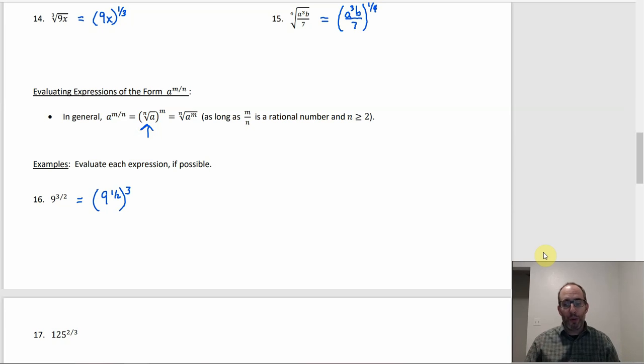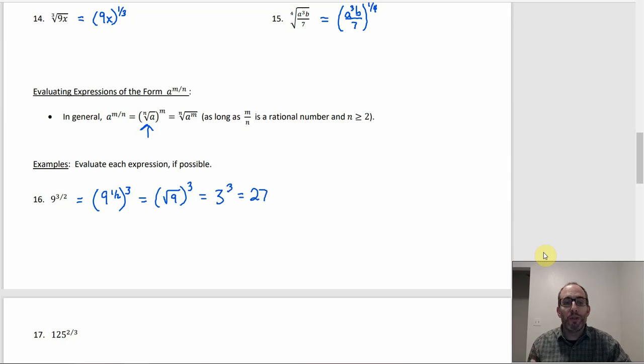There's that one law of exponents, where if you have a power to a power, you can multiply the powers together. Basically, I'm undoing it there. I'm going to raise 9 to the 1/2 and then cube it. We're going to go step by step instead of all at once. But then the 9 to the 1/2 is the square root of 9, right? So we're going to have the square root of 9 cubed, but the square root of 9 is 3. So this is 3 cubed, which is 27.